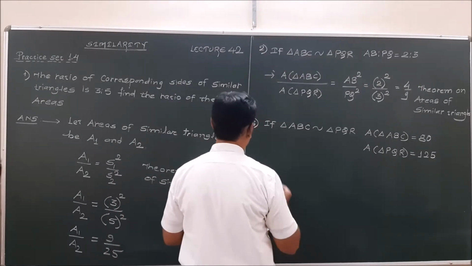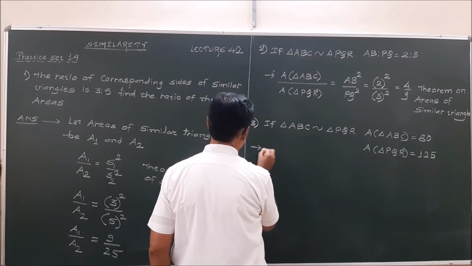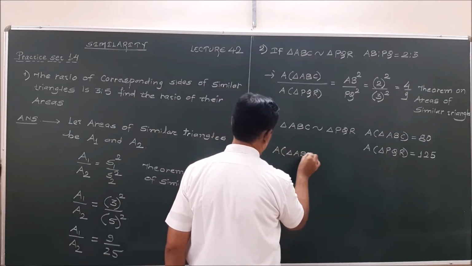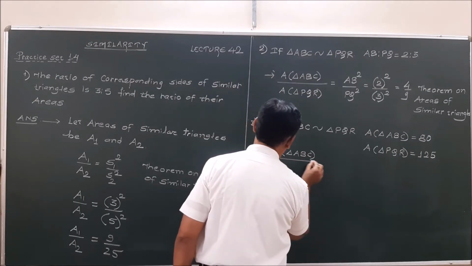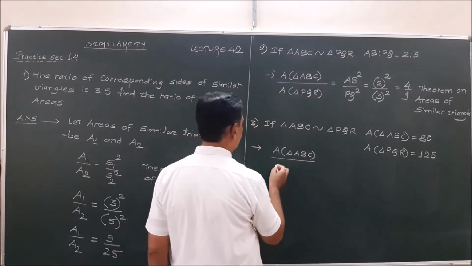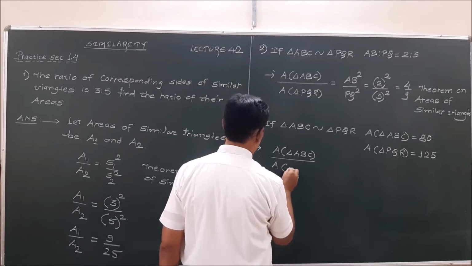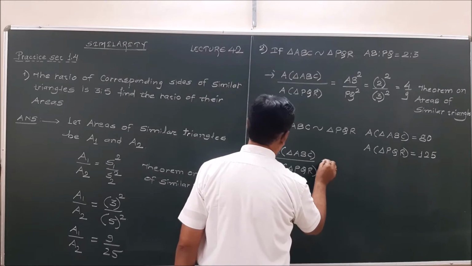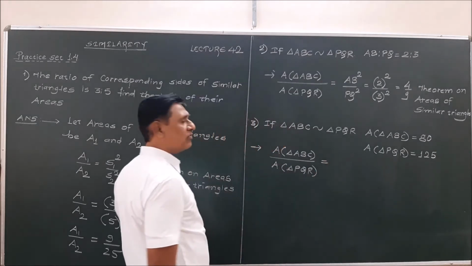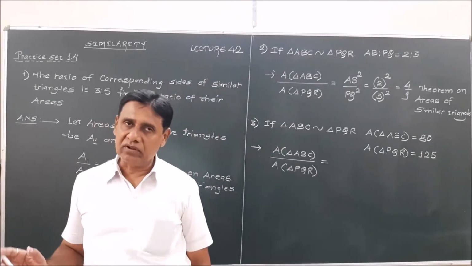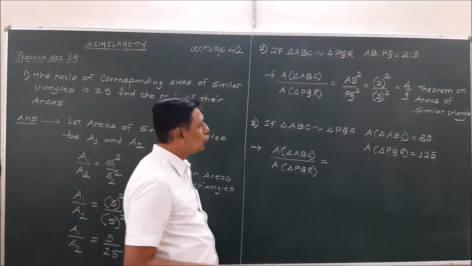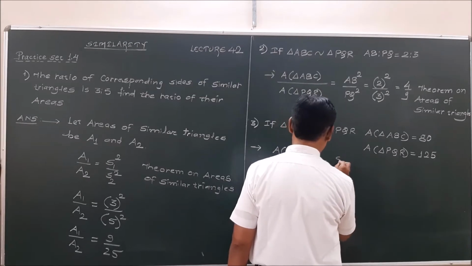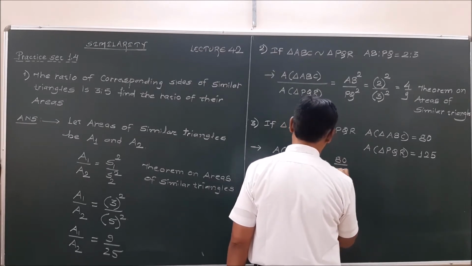Area of triangle ABC upon area of triangle PQR is equal to 80 upon 125.